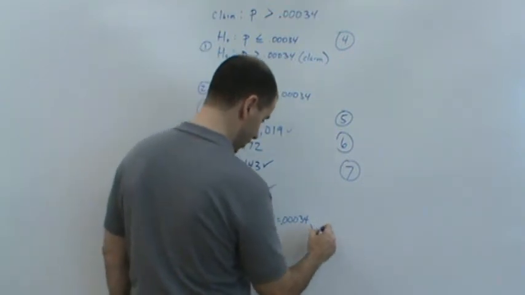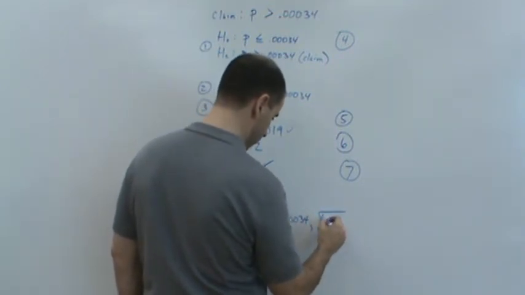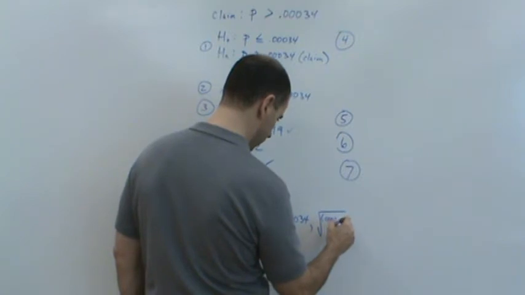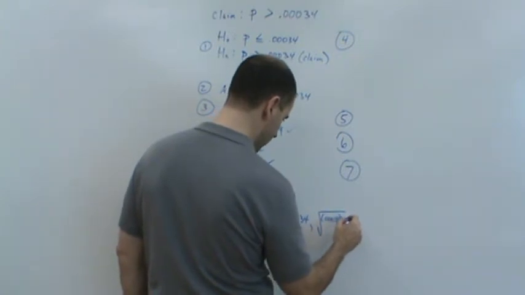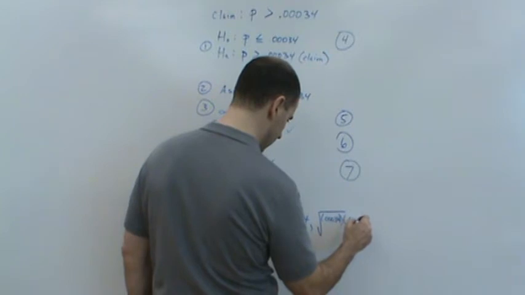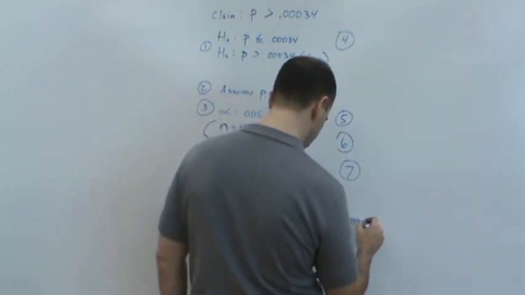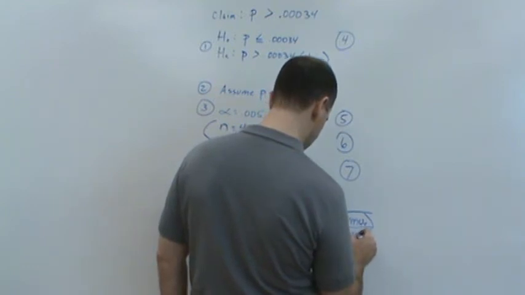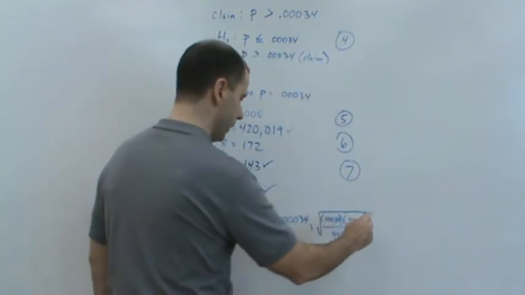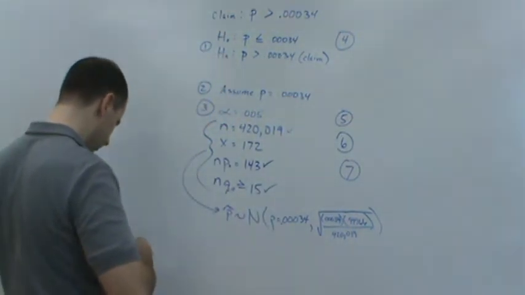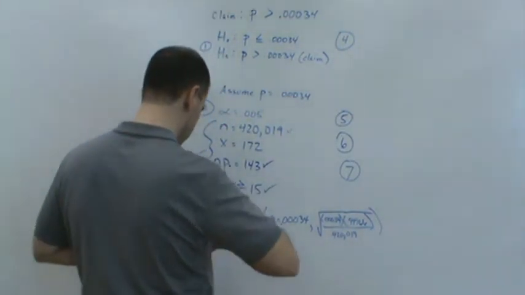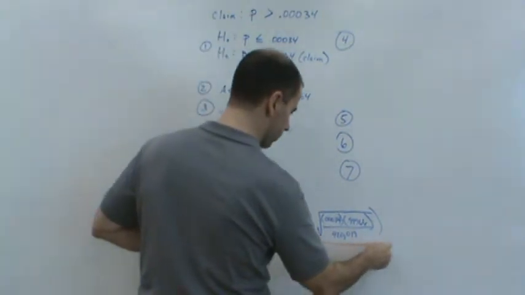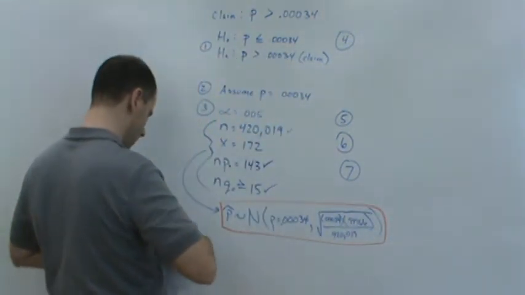And then the standard deviation of that would be the square root of 0.00034 times 0.99966 divided by 420,019. And so this, again, is the distribution we need and that we're going to use for step 4.